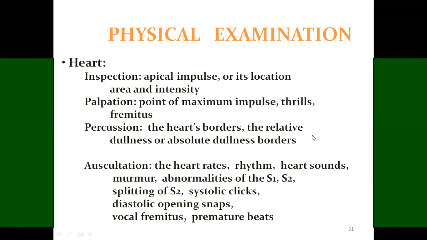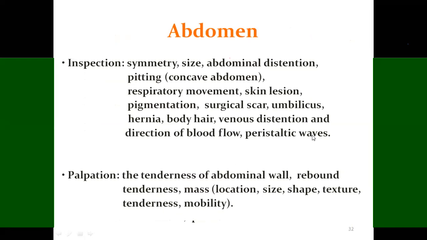Okay, so the next examination, inspection of the abdomen. We already discussed the abdomen a little bit that day. What you see in the abdomen is the symmetry of the abdomen, size of the abdomen, abdominal distension, pitting like a concave mirror, right? So it's this kind of abdomen. Respiratory movements you can also see from them.